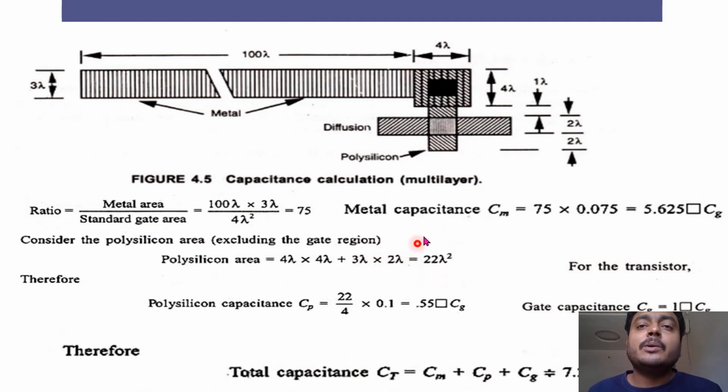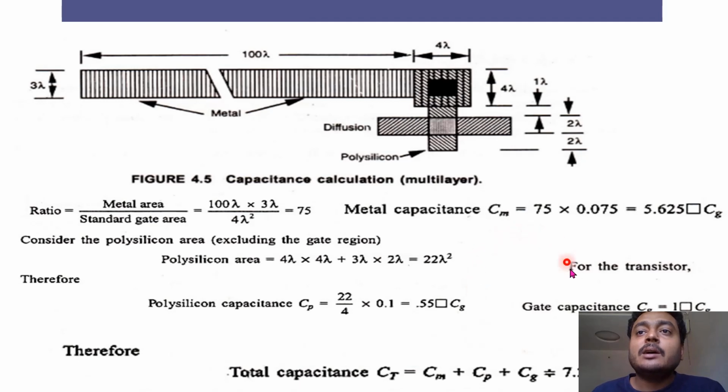So the total will be 22 lambda square, and this should be divided by 4 lambda square to get the standard ratio. So 22 lambda square divided by 4 lambda square; lambda square cancels, so you are left with 22 divided by 4, times the relative value of polysilicon to substrate, which is 0.1. You can see it in the table. That ends up as 0.55 times the standard unit of gate capacitance Cg.